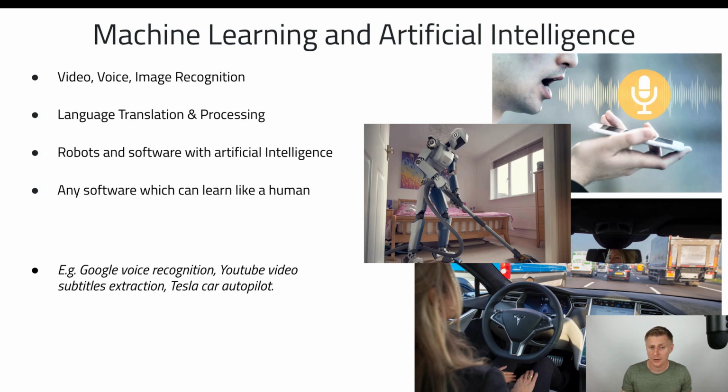Good examples of machine learning and artificial intelligence applied in practice are video, voice and image recognition, also language translation and processing, robots and software with artificial intelligence, actually any kind of software which can learn like a human without any help from a developer. Some popular existing products on the market are Google Voice Recognition and YouTube Video Subtitles Extraction. Also we have Tesla Car Autopilot.